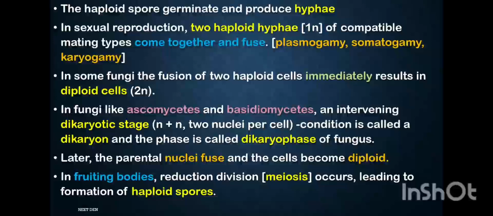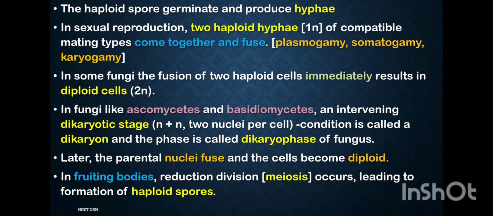In some fungi, when the two haploid hyphae fuse, karyogamy happens immediately and diploid cells are produced. However, in certain fungi like Ascomycetes and Basidiomycetes, the intervening dikaryotic stage, in which the cytoplasm has fused but two separate nuclei can be seen in a single cell, remains for a long period of time.